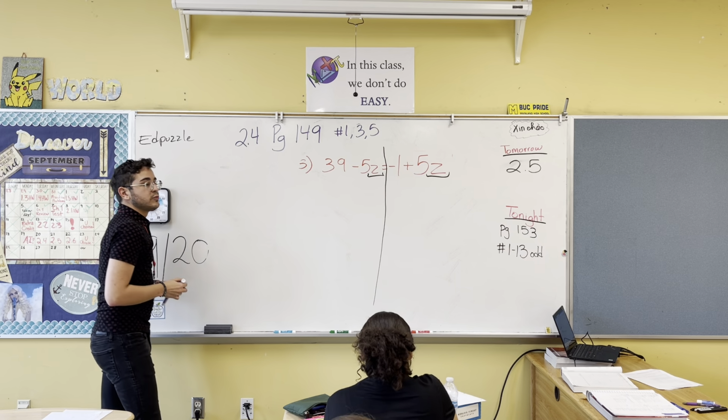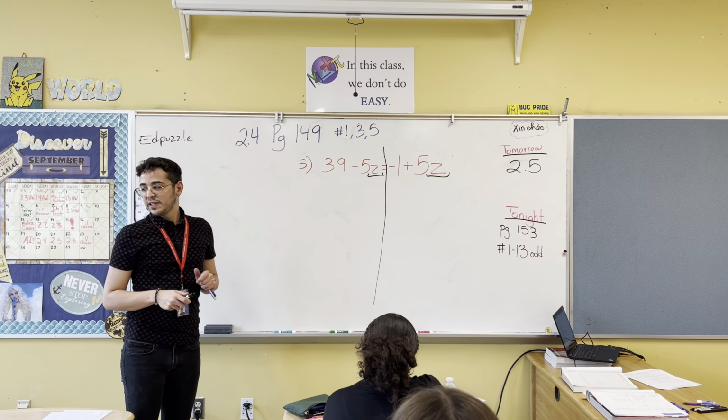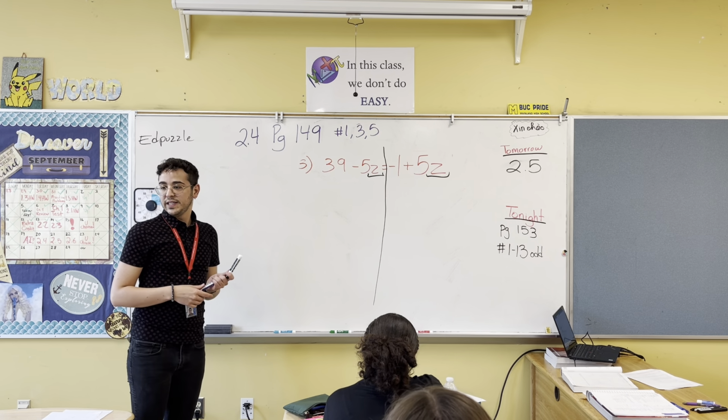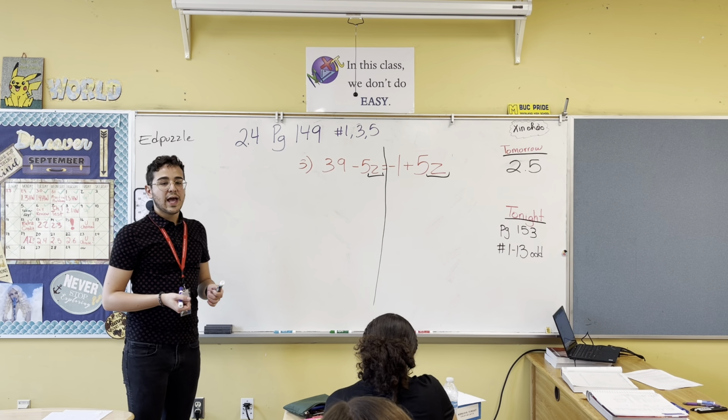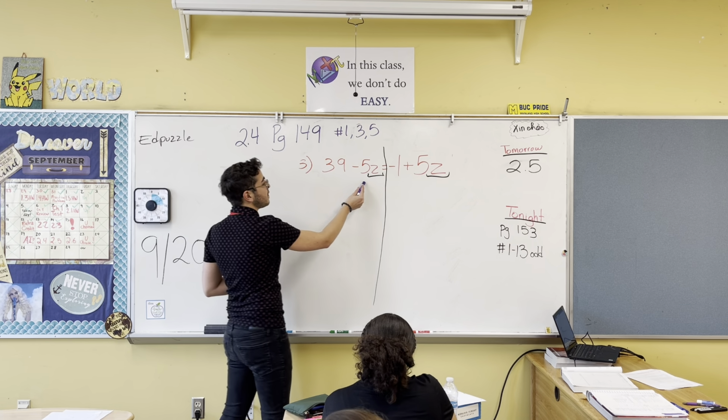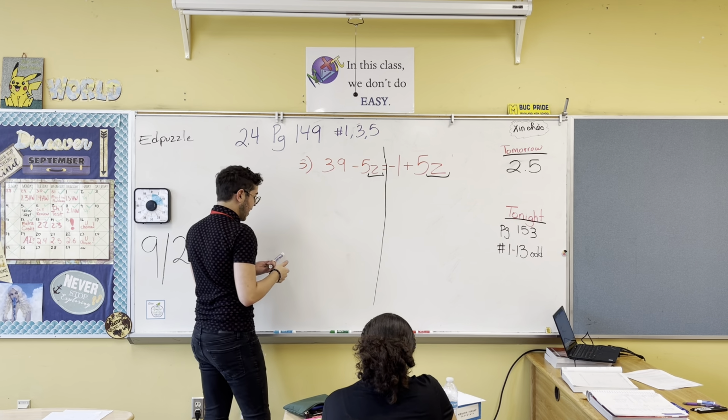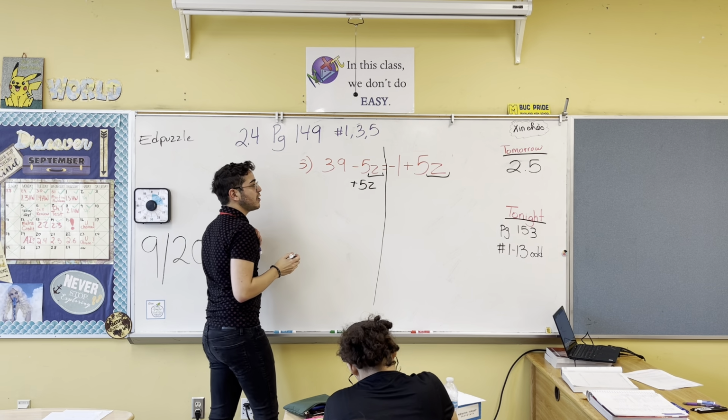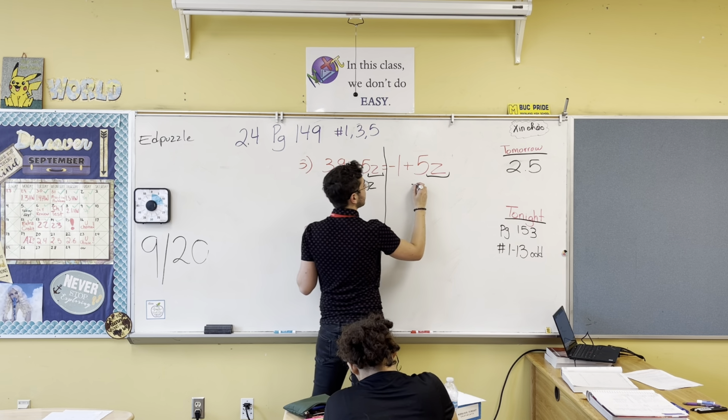We're going to use the magic of addition to make one of these disappear. How can we make -5z disappear? What would we have to add to it? Plus 5z. Now, are we going to do that to one side, or to both? Both.